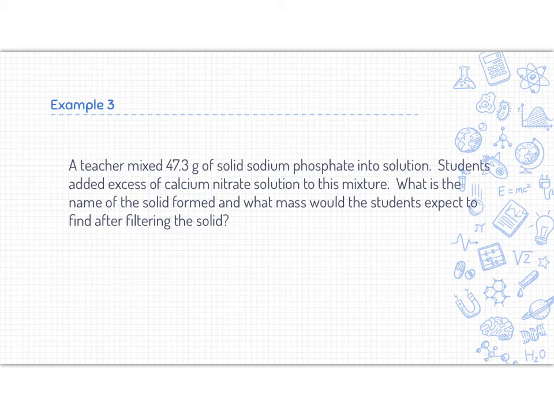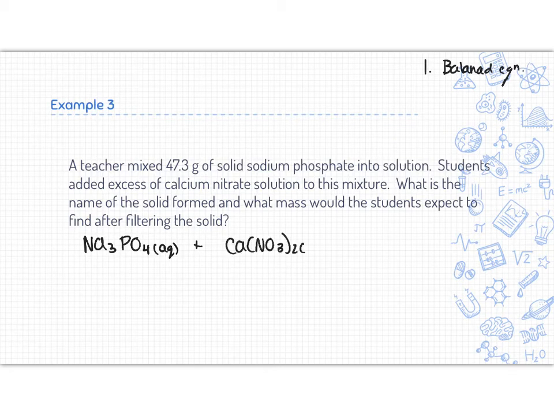Let's write out our balanced chemical equation, because that is step 1. Okay, sodium phosphate is Na3PO4 because PO4 has a 3- charge. And they've told us that they've mixed it into solution, so it's aqueous before we react. We then add calcium nitrate, which is also aqueous.